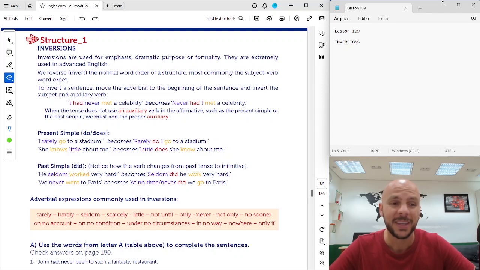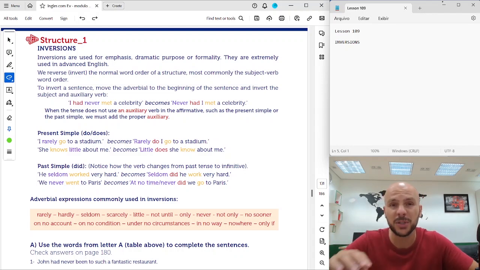That's all. We have already seen the introduction of inversions when you studied the conditionals, alternatives to if. When you make conditional sentences without if, we have to invert the position. But now we are going to deepen this topic.